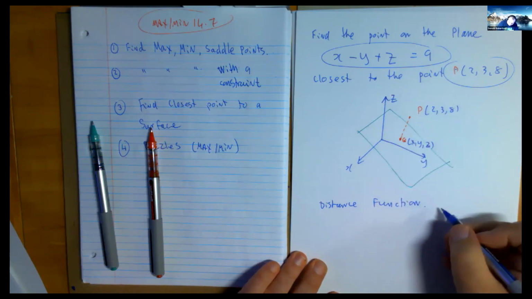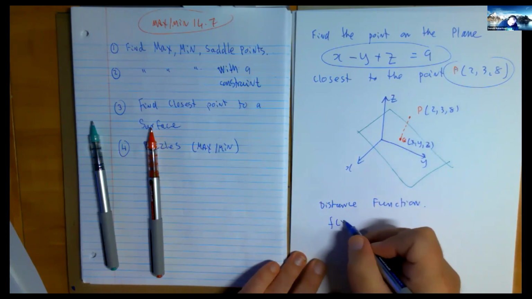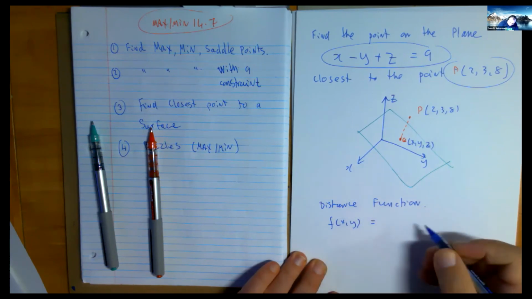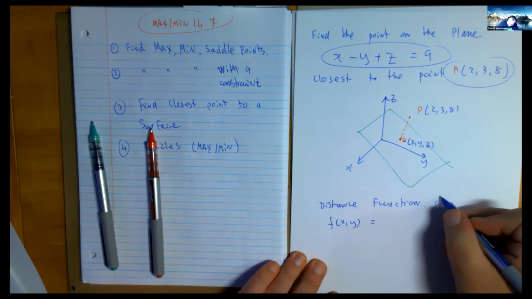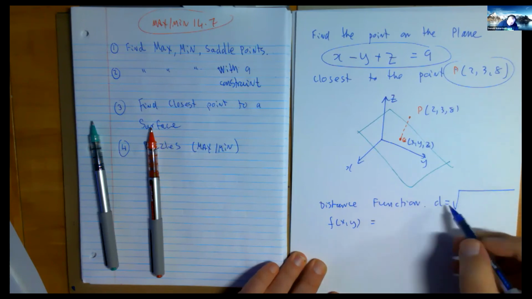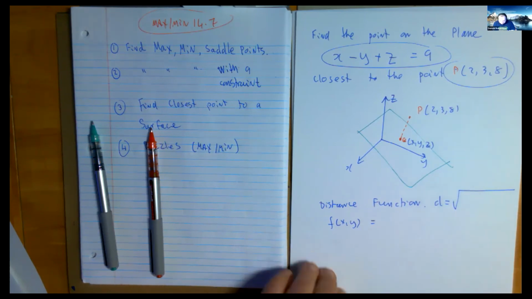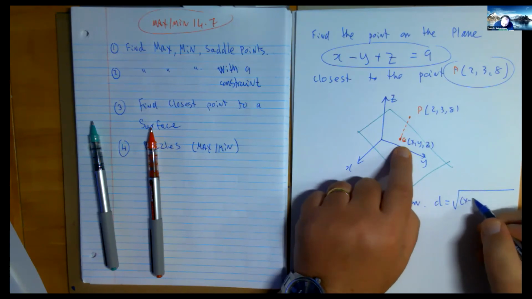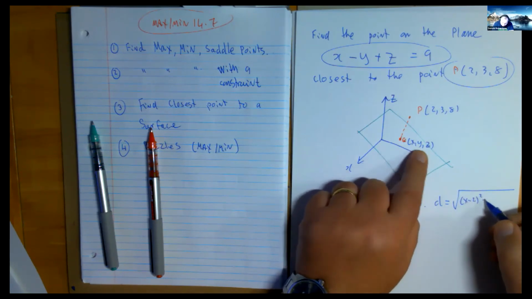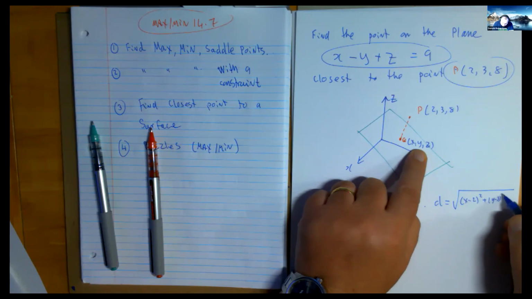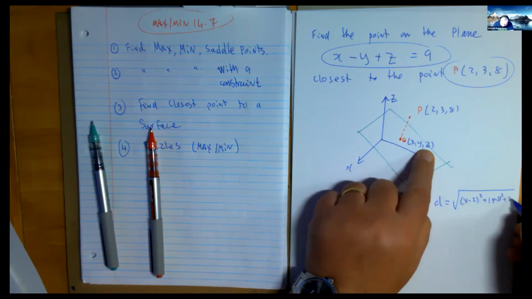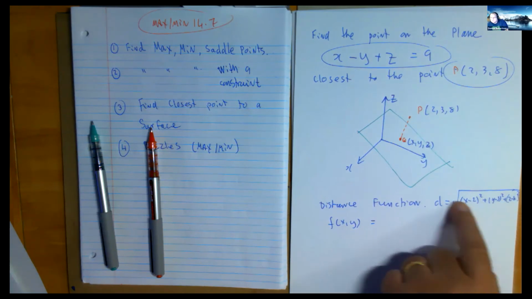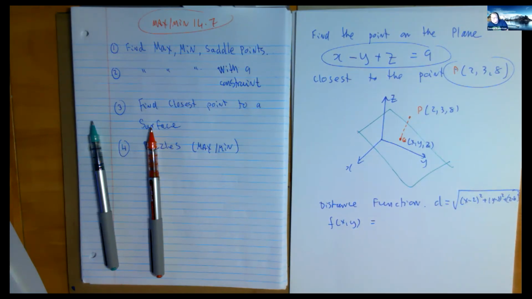So the distance function is essentially going to be this, right? Well, how do you find the distance between 2 points? Well, it's x minus 2 squared plus y take away 3 squared plus z take away 8 squared. Would you agree that's the distance formula in 3D that you learned way back in Calc 3?